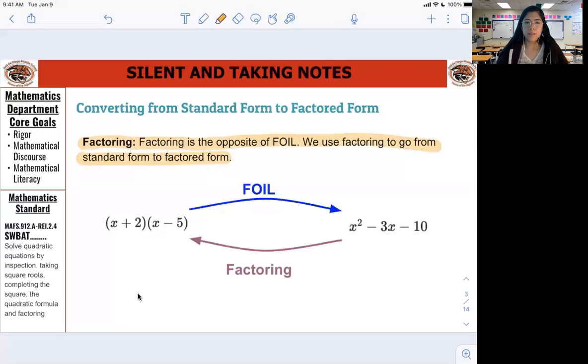Yeah. So we FOIL to go in this direction. Let me make sure we know. Factored form, standard form.